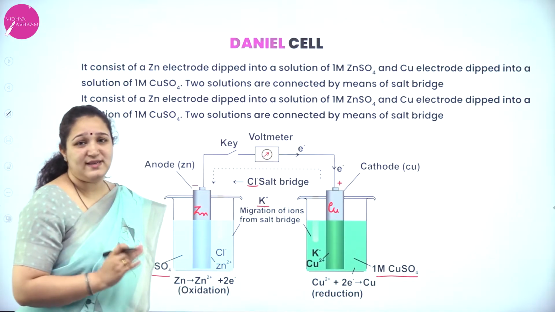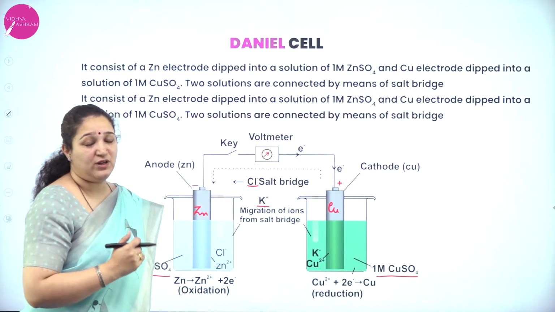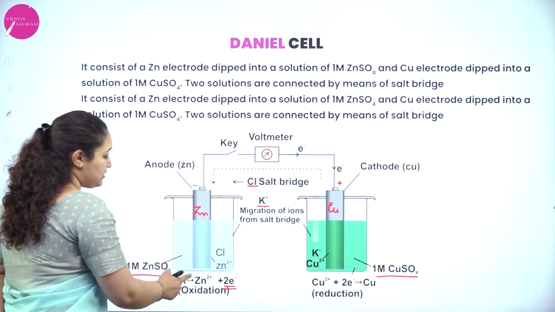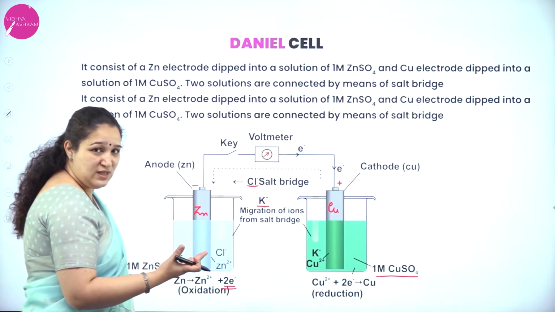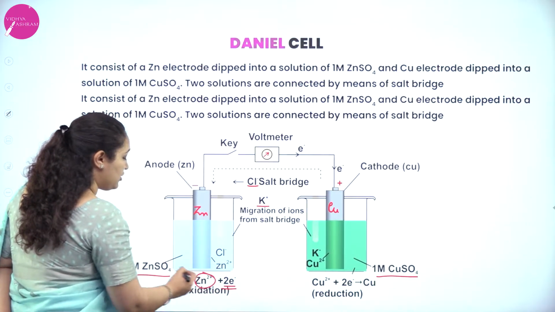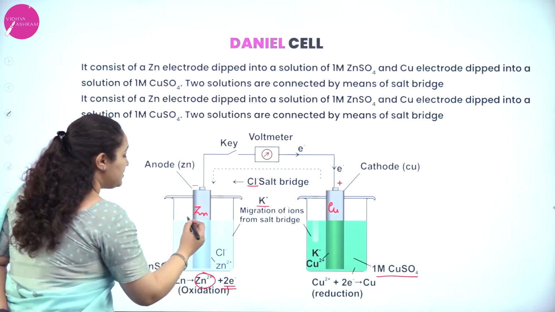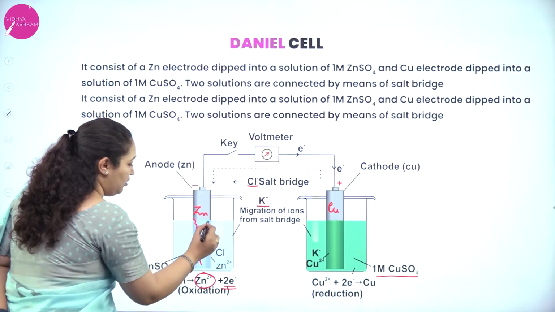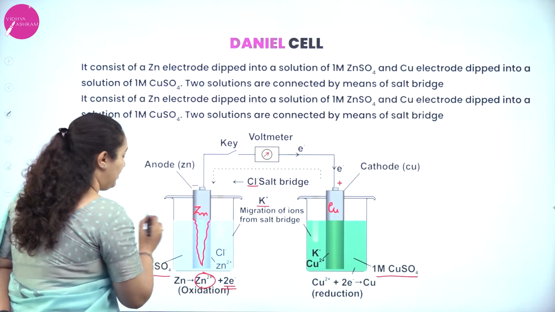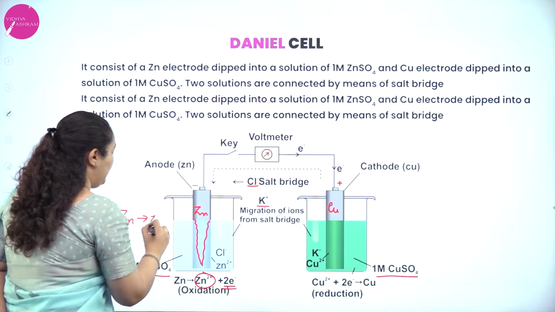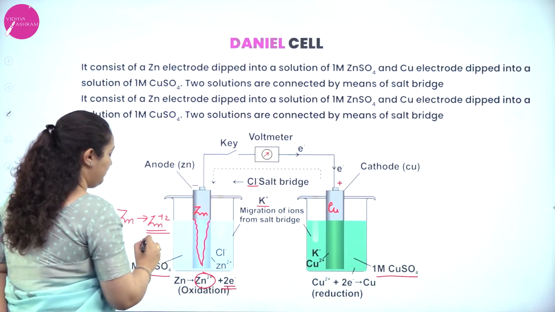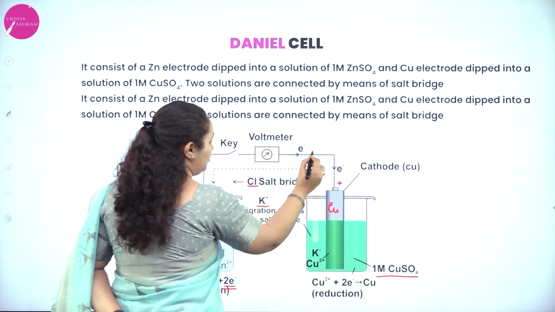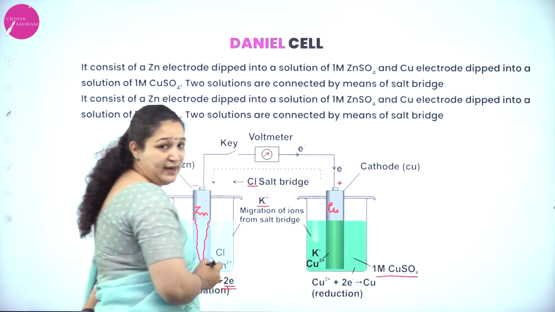Now what exactly happens in this particular cell? Zinc has a tendency to lose electrons, so zinc metal will start losing electrons and go into the solution as zinc ions. Eventually the zinc electrode becomes thinner and thinner because zinc metal is going into the solution as zinc ions by loss of electrons, and these electrons move through the wire and come to the copper electrode.